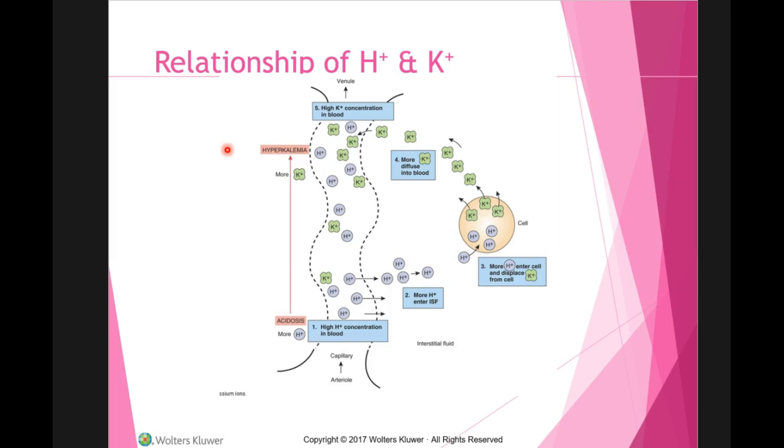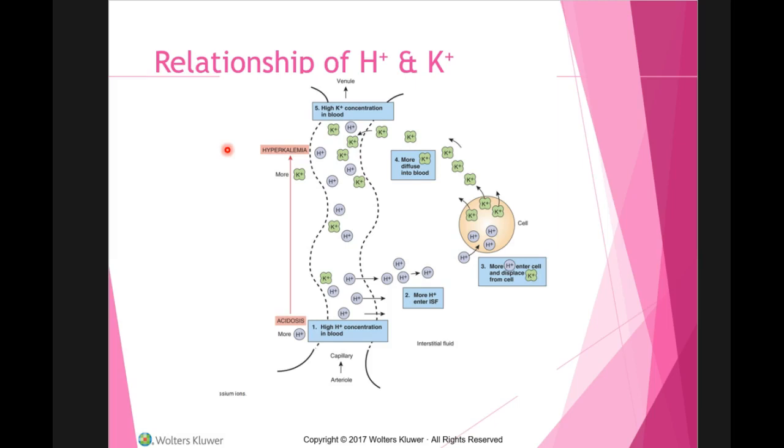When these hydrogen ions move into the cell, they displace the potassium, and that's just to maintain the electrochemical neutrality. But then the excess potassium ions in the interstitial fluid diffuse into the blood, and this can lead to hyperkalemia.